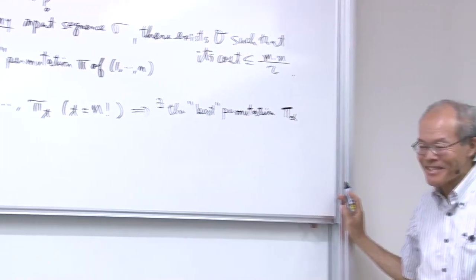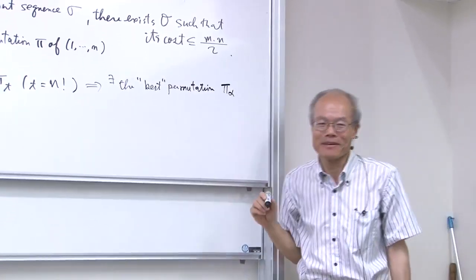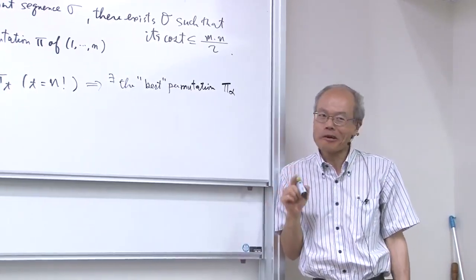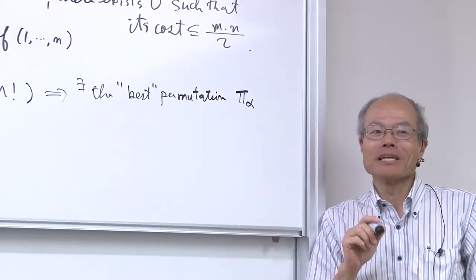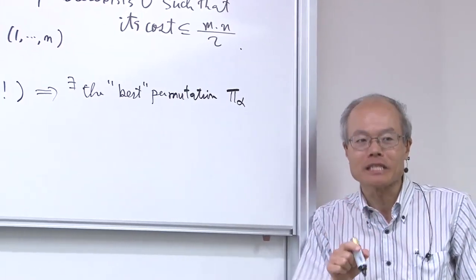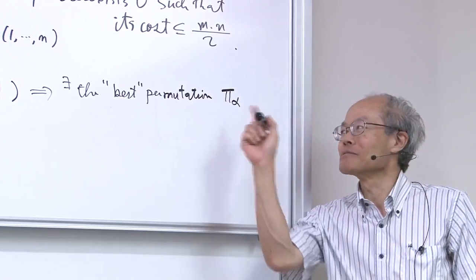Actually, it is interesting: we don't know how to compute this permutation efficiently, but we can prove that it exists.